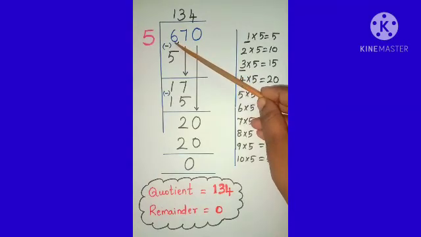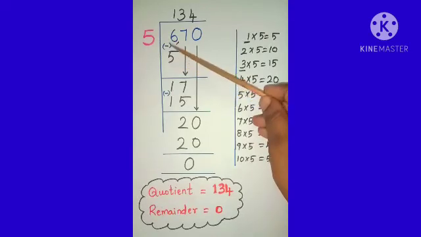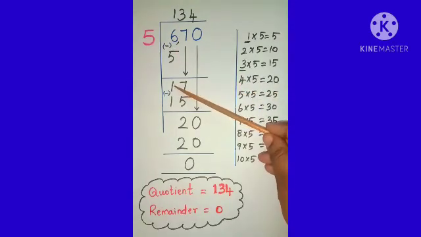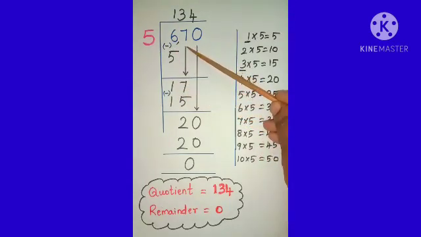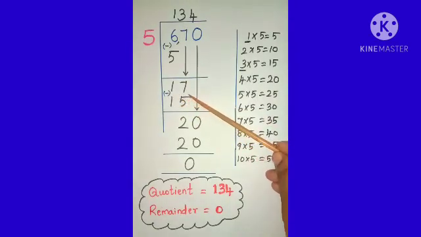Our next step, take the difference. That is, subtract 5 from 6. We get 6 minus 5 is 1. As a third step, bring 7 down. Now we get 17.